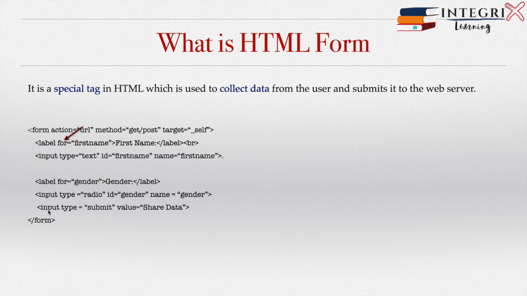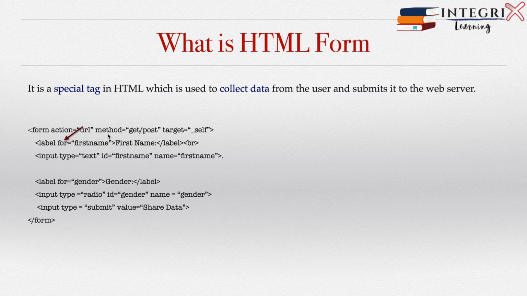And last but not the least, input type submit. You will always have a button which you click, and then all the data collected in the form is submitted to the URL you specify in the action attribute of the form tag.